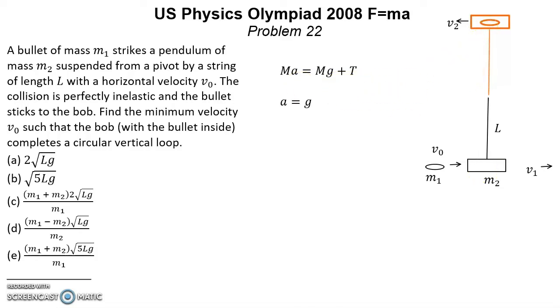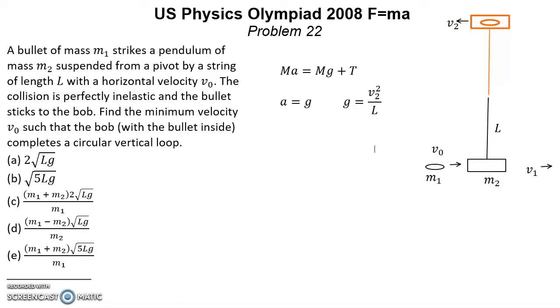But we know that if a body is going along a circular orbit, the acceleration is centripetal acceleration, and we can calculate it this way. So this is the connection between velocity at the highest point and acceleration.